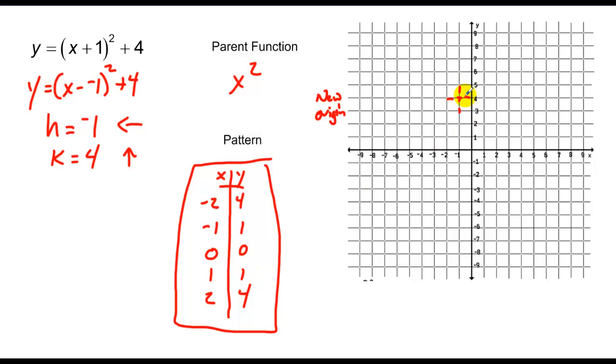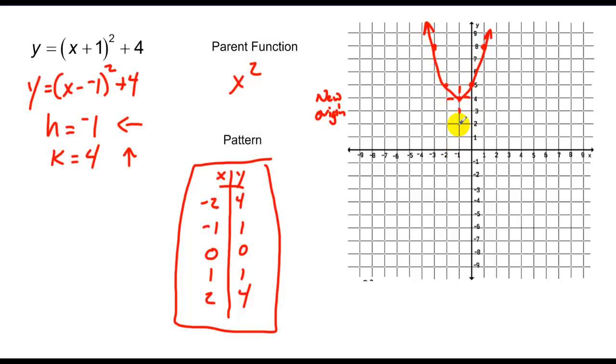Let's do that. Let's go over 1, up 1, over 2, up 4, and plot these points. Notice, I haven't plugged into the original equation at all, but I'm claiming that this graph right here is an accurate graph of the function to the left.